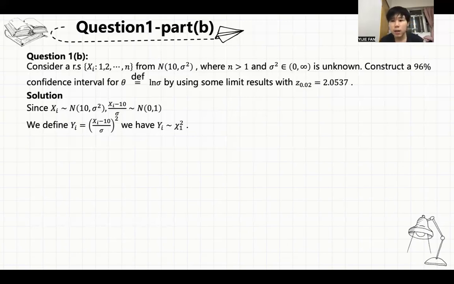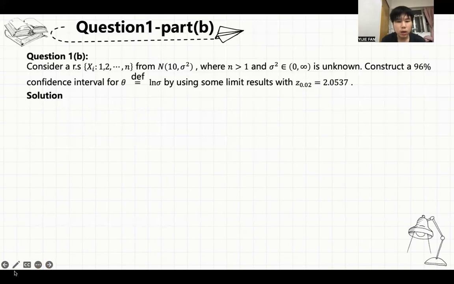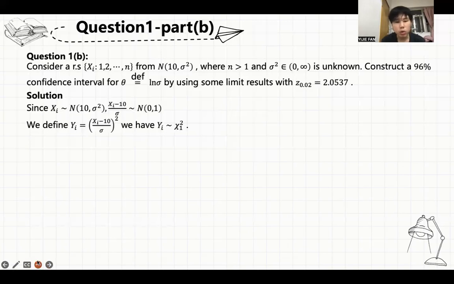Okay, and now we record the mean and the variance of the chi square distribution.